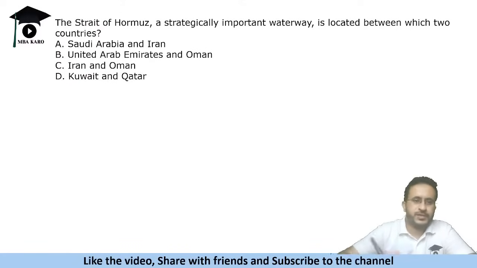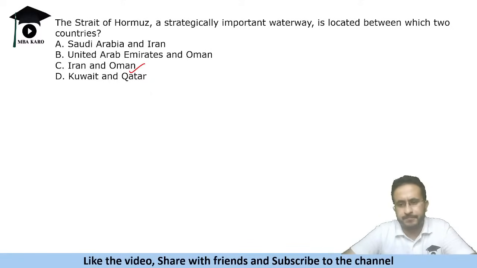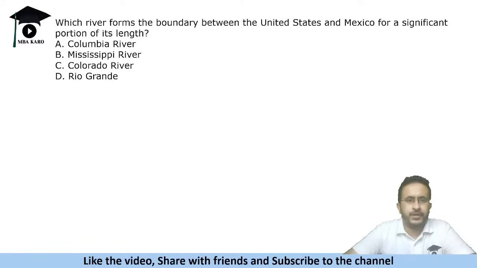Okay, so some of you got it right also. This is Iran and Oman. Iran and Oman. That is the right answer. Which river forms the boundary between the United States and Mexico for a significant portion of its length?